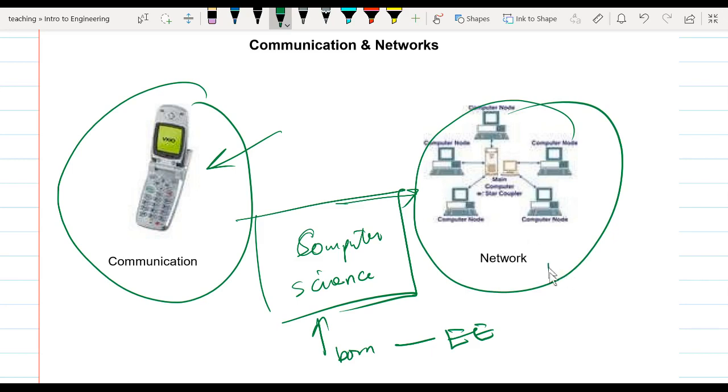But as issues arose, particularly for networking, a small sub-branch called computer science emerged that deals with communication systems within the computer system. Therefore, you might not learn in detail how computers work, because that is dealt with more by computer scientists and IT experts. But again, this still falls under telecommunication engineering.